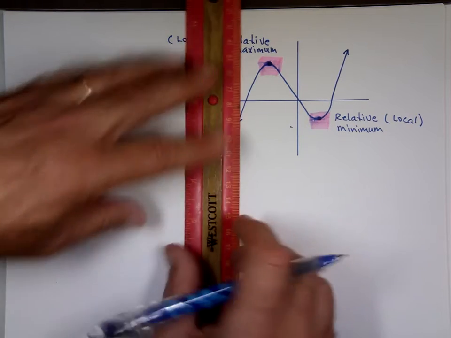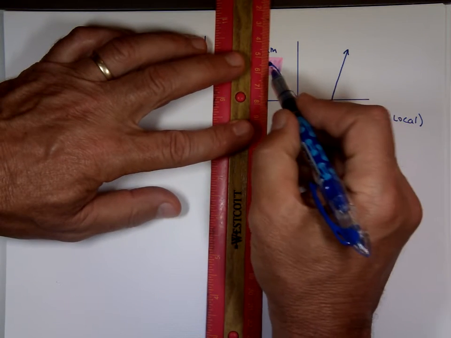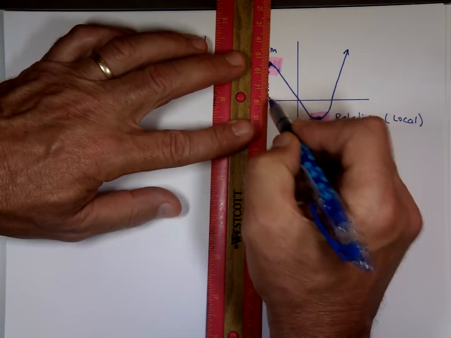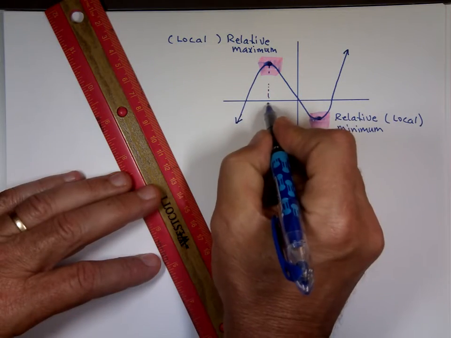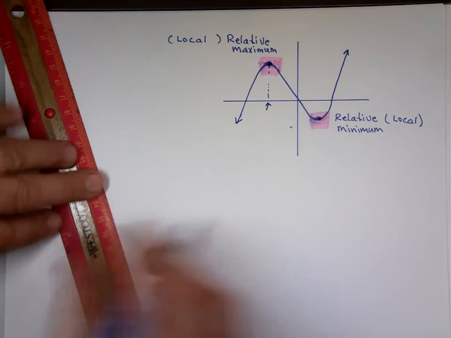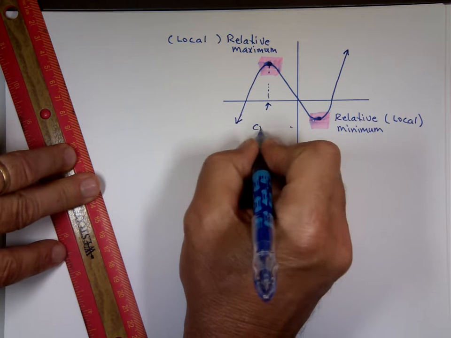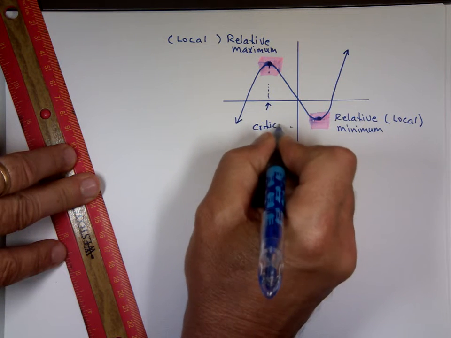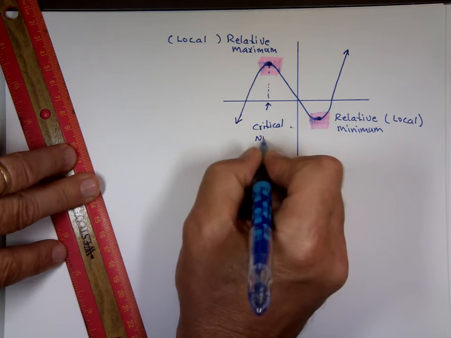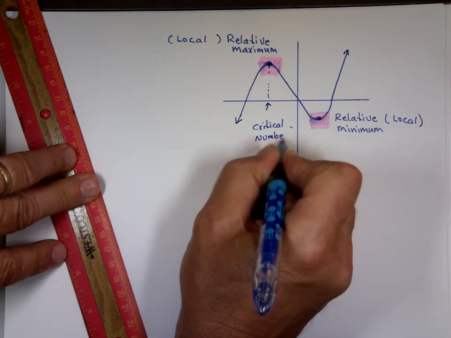Now these numbers here, where you have the min and the max, these values have a name, and are known as the critical values, or critical numbers. That's a critical number.